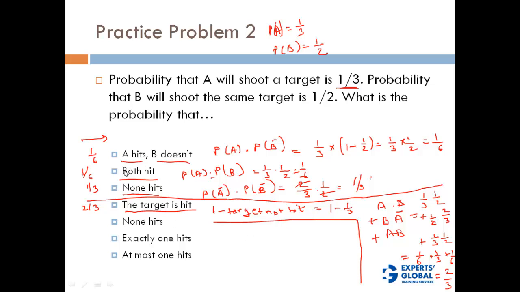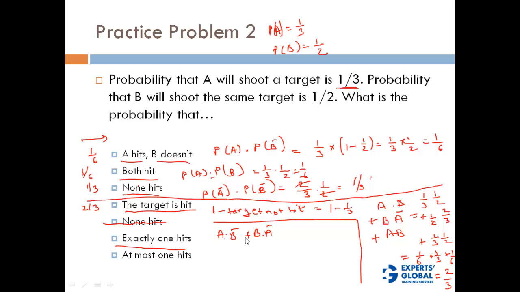None hits. Okay, this is the same problem, repetitive. Exactly one hits. Now what is exactly one hits? Exactly one hits means A hits, B doesn't, or B hits, A doesn't, right?